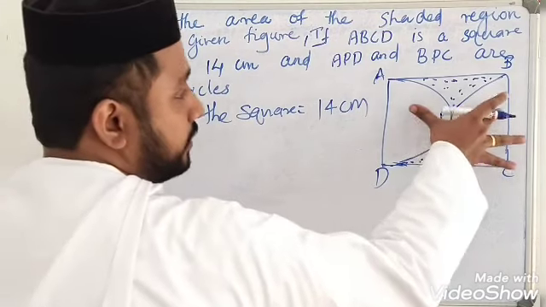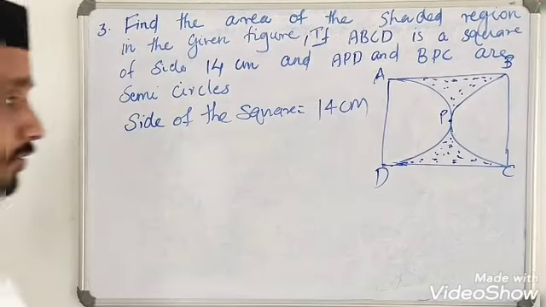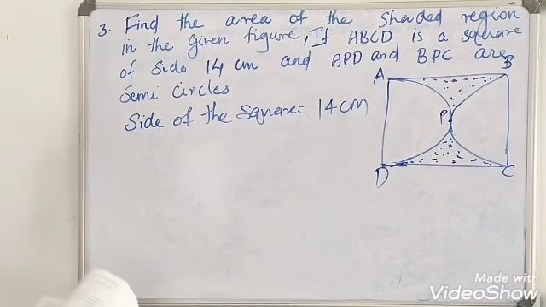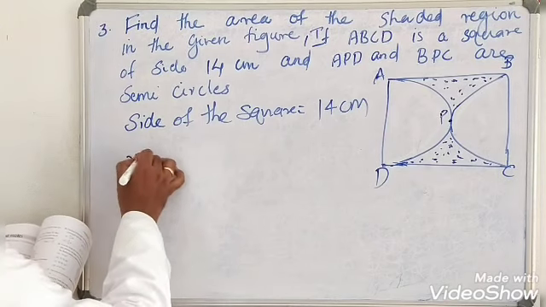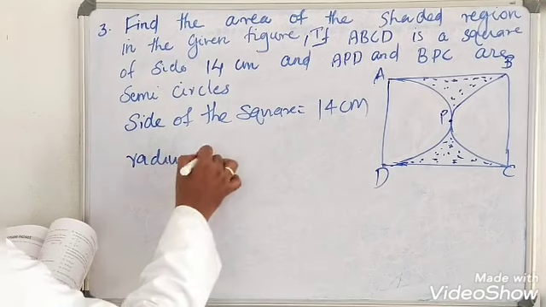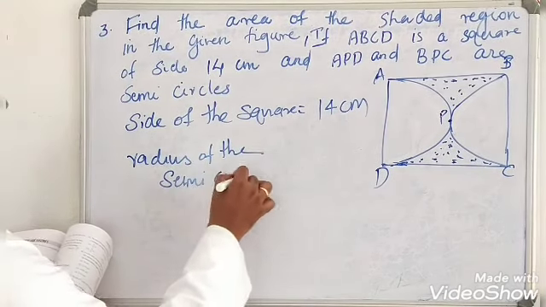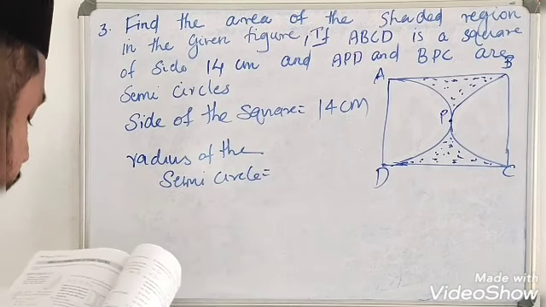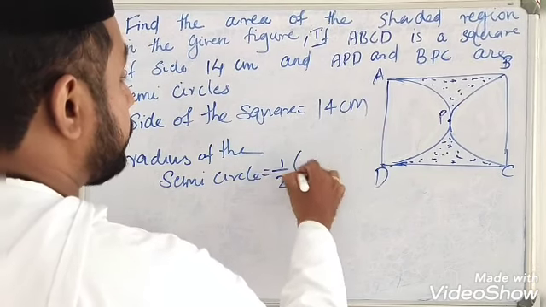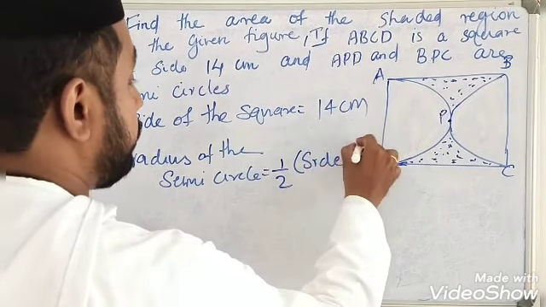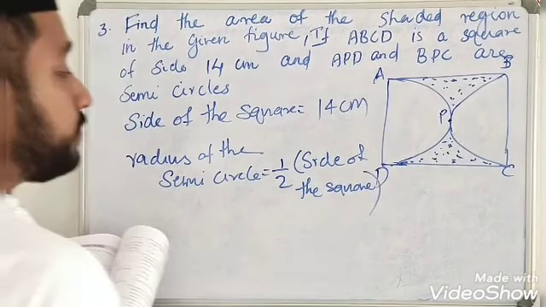This side is divided into two equal lengths for the two semicircles. So the radius of the semicircle is equal to half into the side of the square.